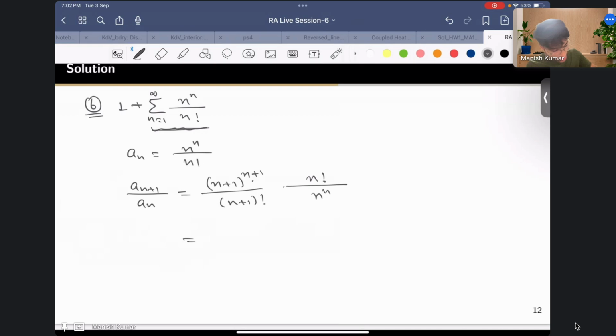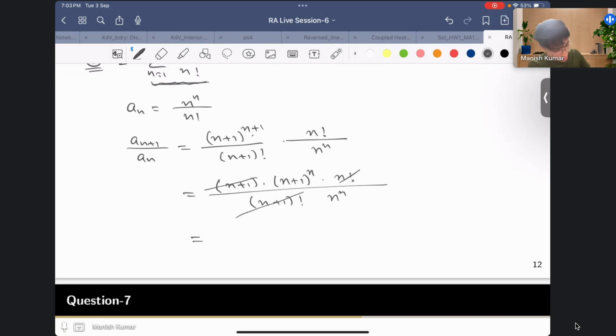So if you write here, this is (n+1) times (n+1) raised to the power n, and then you have n factorial, then you have (n+1) factorial times n raised to the power n. Clearly this cancels with this numerator, right? So what you have is 1, so this reduces to (1 plus 1 by n) raised to the power n.